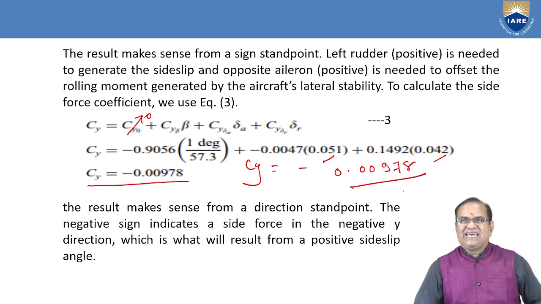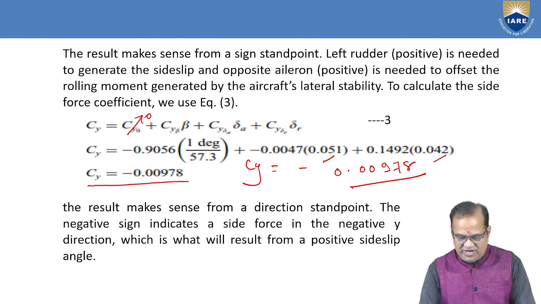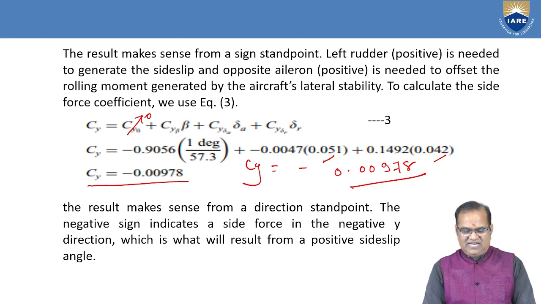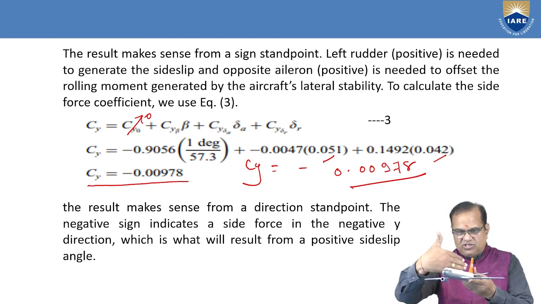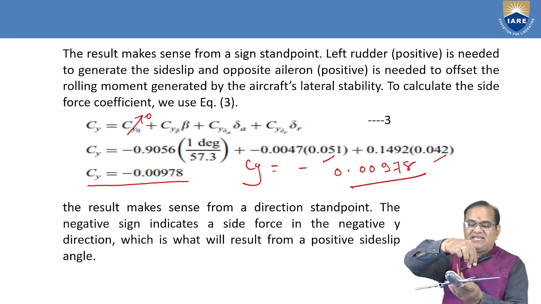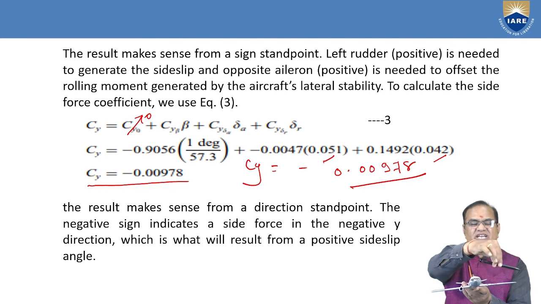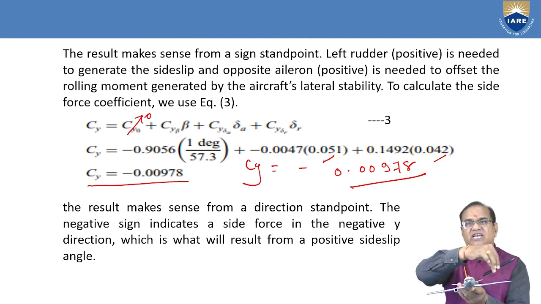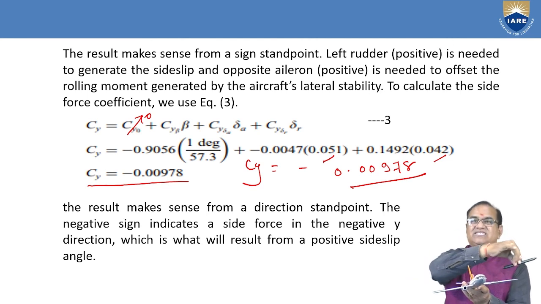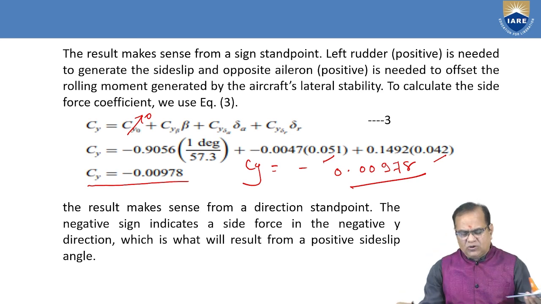The result makes sense from a direction standpoint. The negative sign indicates a side force in the negative Y direction. Just as I told you, if beta is positive, the Y is acting in the opposite direction; that is a positive direction, and this is the negative. So this Y is negative. So the force is acting in this direction, as I told earlier.